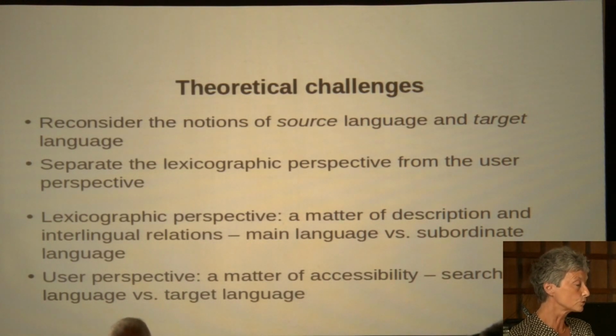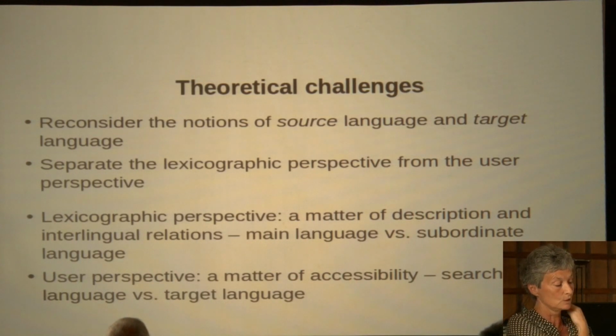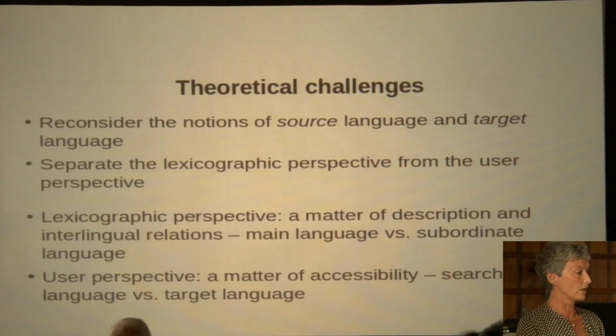In the written version of this paper, I use the terms main language and subordinate language when referring to the lexicographic perspective, and source language and target language referring to the user perspective. These terms might not be perfect, and other terms have been suggested. My point is that the two perspectives should be separated and kept apart.